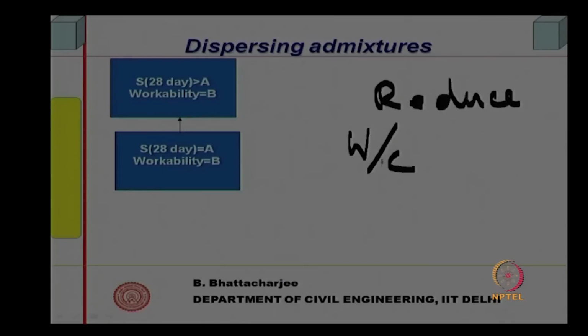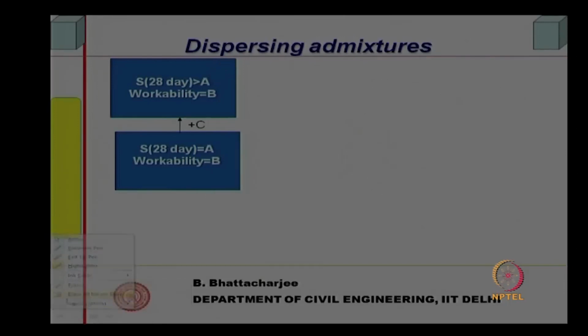I want to keep the workability the same, so largely I will keep the water the same. If I keep the water the same and want to reduce the water cement ratio, then I must increase the cement. So, if you want a concrete which has higher strength, greater than A, you would add cement.